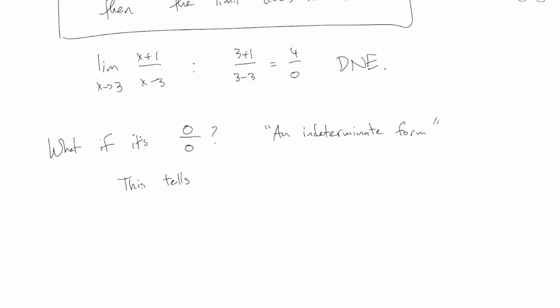You don't know actually if the limit does exist or if it does not exist. It certainly does not equal 1. You might be tempted to cancel the fraction and say this is 1. Don't do that. This tells nothing about the limit. And this is the situation in which you need to work harder, work to simplify. This is the solution: simplify before plugging in.